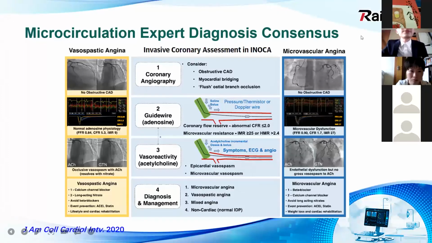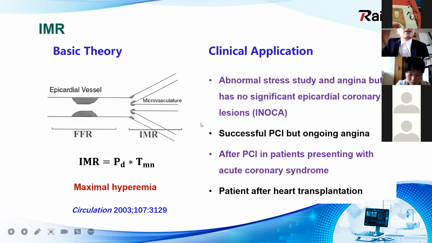Okay, now we come to part 2 about IMR. Here is some consensus from myocirculation experts in diagnosis. So IMR is defined as equal to Pd times Tmn under maximal hyperemia.